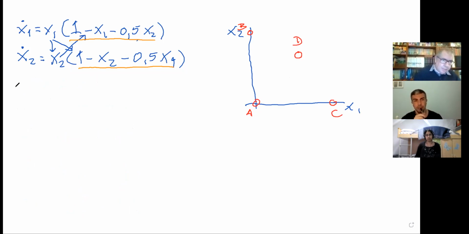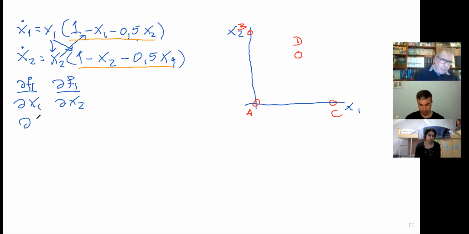Now remember that dx is, sorry, df1 dx1, df1 dx2, df2 dx1 and df2 dx2.